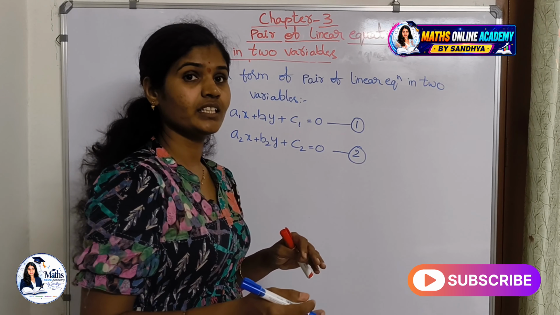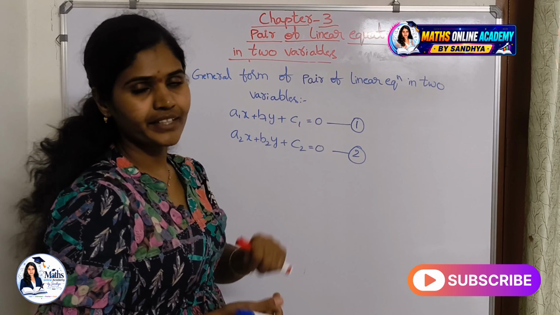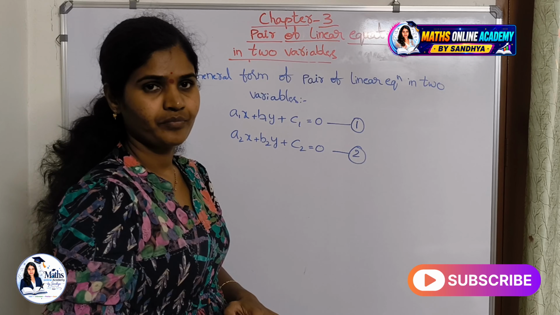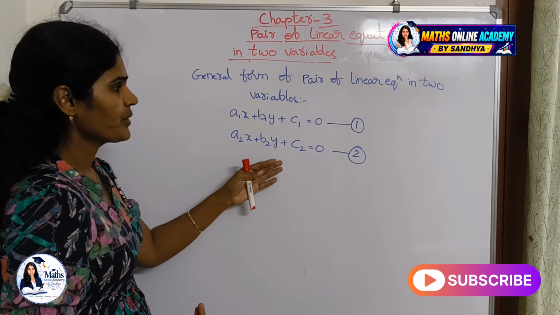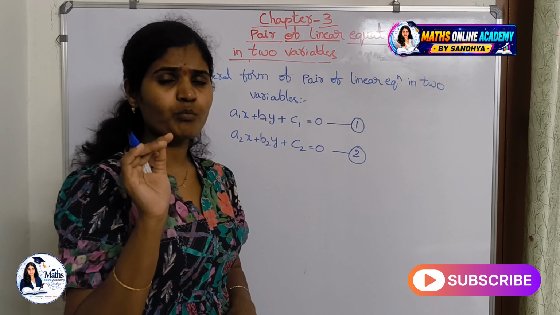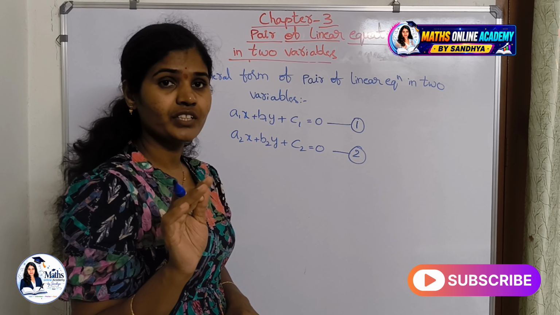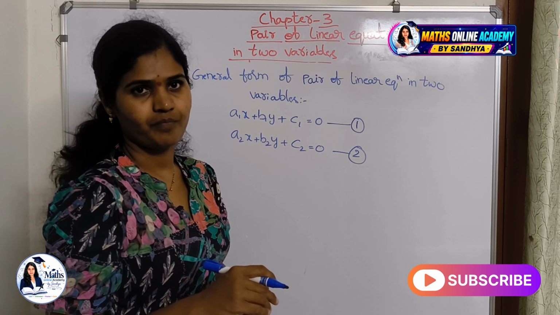Relation between the coefficients of a pair of linear equations. Actually, this is the general form of a pair of linear equations. Next, very, very important: the relation between the coefficients of a pair of linear equations.